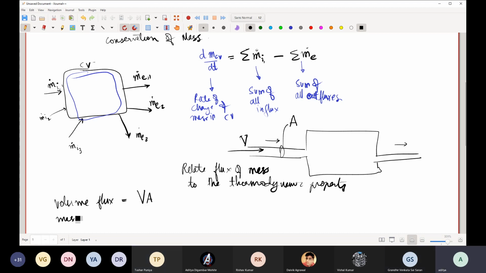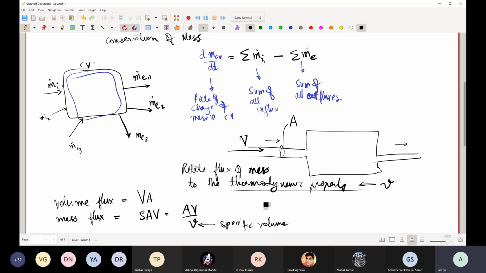So now what will be the mass flux? It is rho A V. So in terms of the thermodynamic property that we know, that is the specific volume, I can then write it as A V upon small v. This small v is the specific volume. Alright, is that okay?